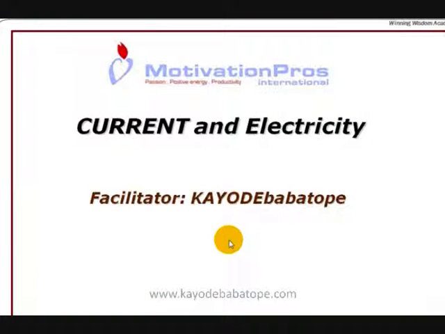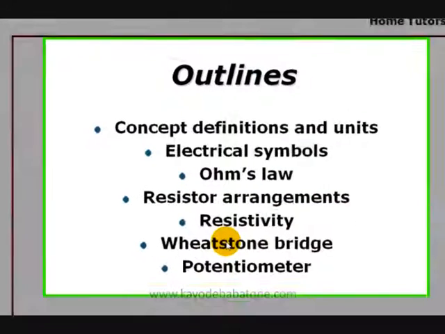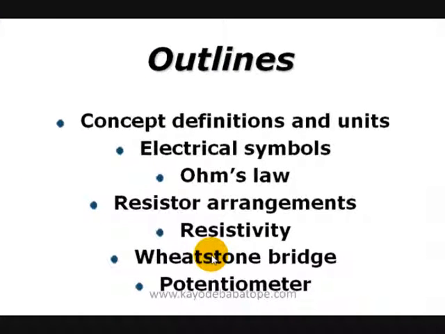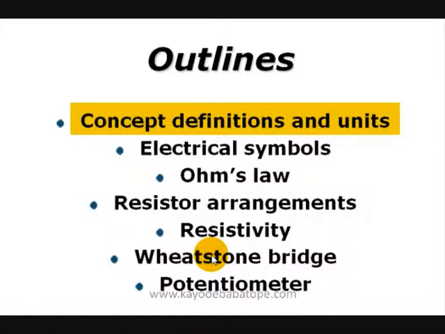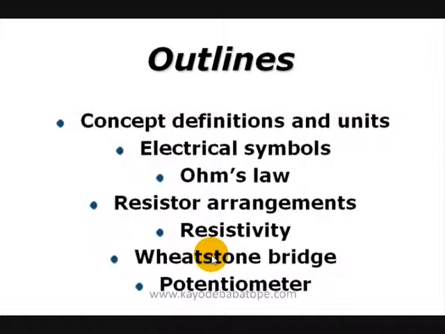In this module we will be looking at current electricity. Briefly, an outline of the different sections we will be looking at in this module: the concepts and definitions as well as units that are used in current electricity.